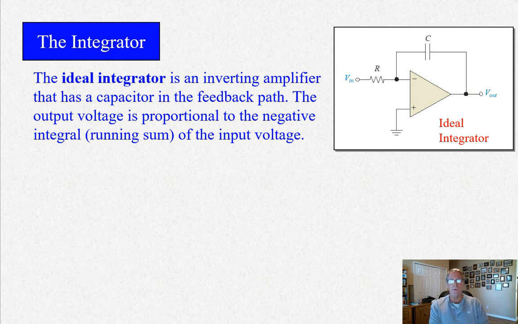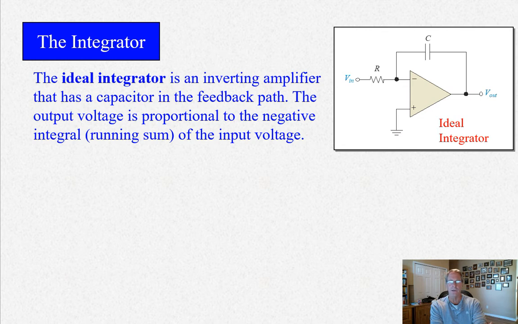Okay, so the integrator, if you remember, basically measures the area under a curve. So if you have a square wave or a sine wave or something like that, anything above zero, the integrator, as time goes along, is going to accumulate that amount of area as time moves on.